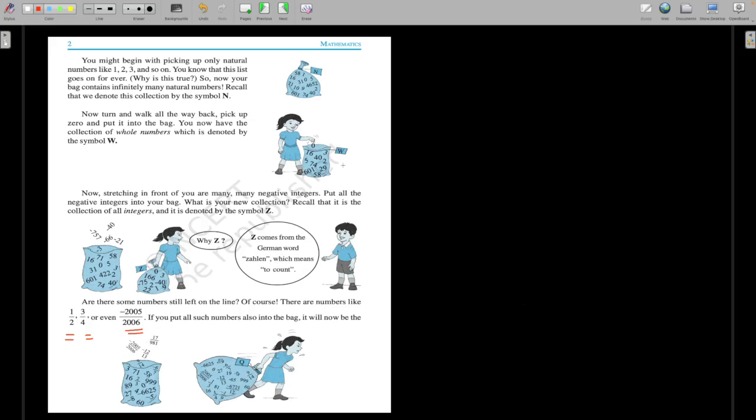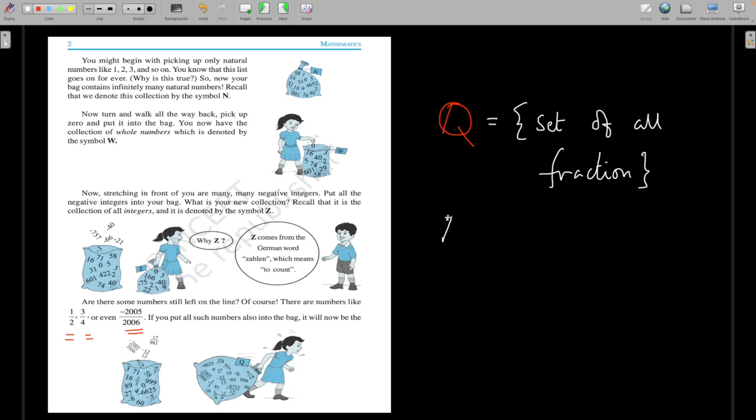So these fractions are not included in the previous set of numbers that we have written, and so they deserve a very special name. This symbol is Q, and Q is the set of all fractions, and this is called rational numbers.